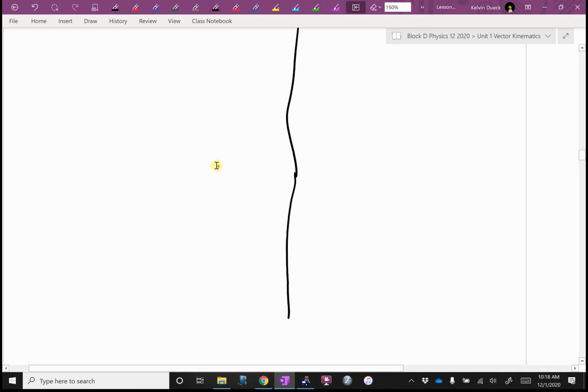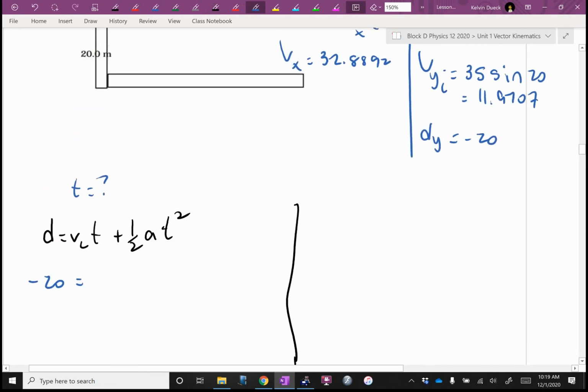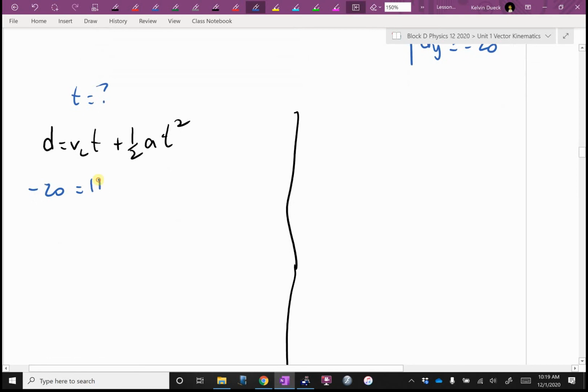Which equation? Is it d equals VIT plus a half AT? Yeah. D equals VIT plus a half AT squared. D was -20. Vy initial was 11.9707. T plus a half A. What's a half of -9.8? -4.9?